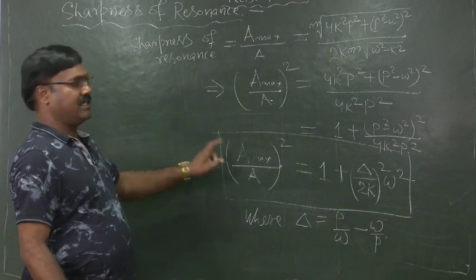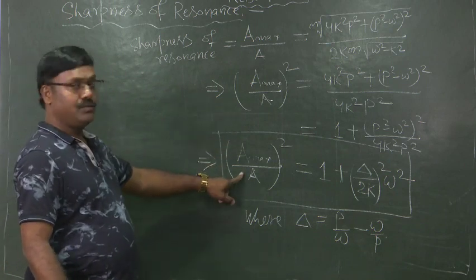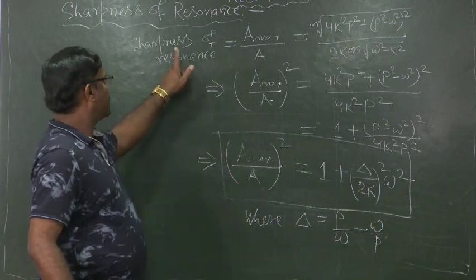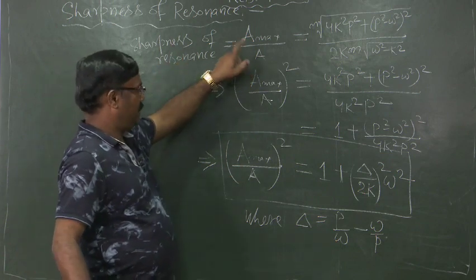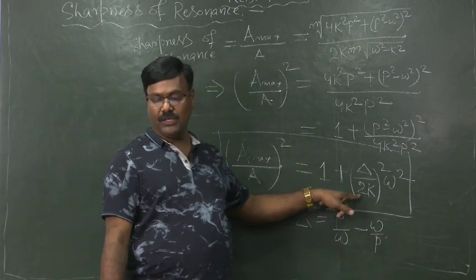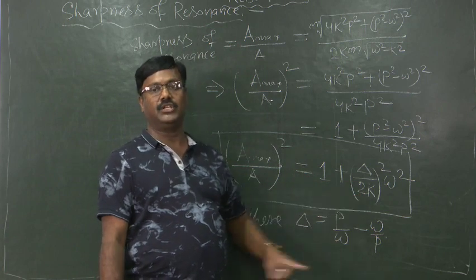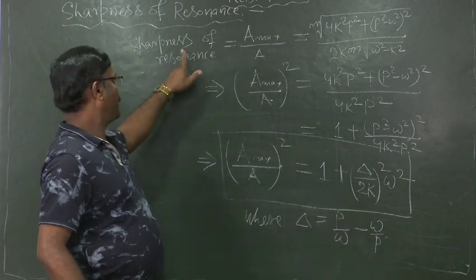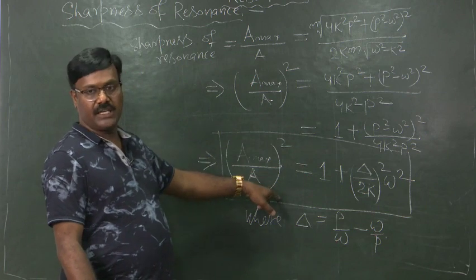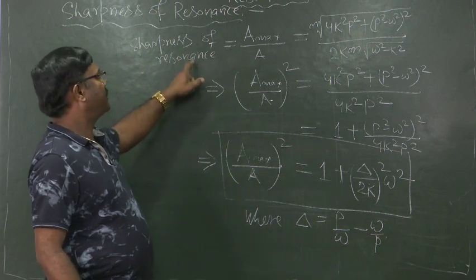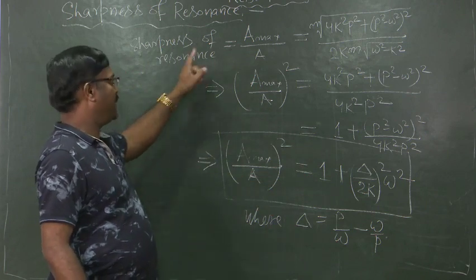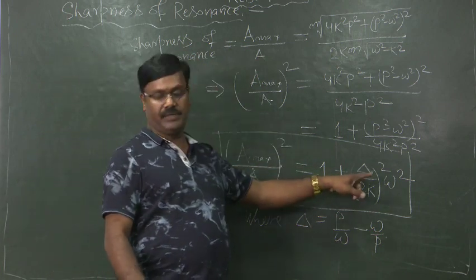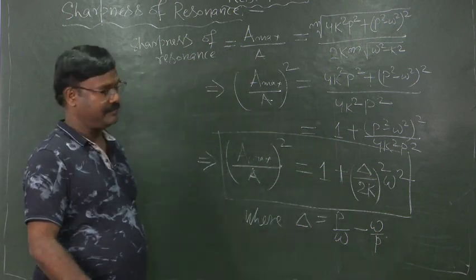And from this, we can conclude that the sharpness of resonance depends on the value of δ by 2k.